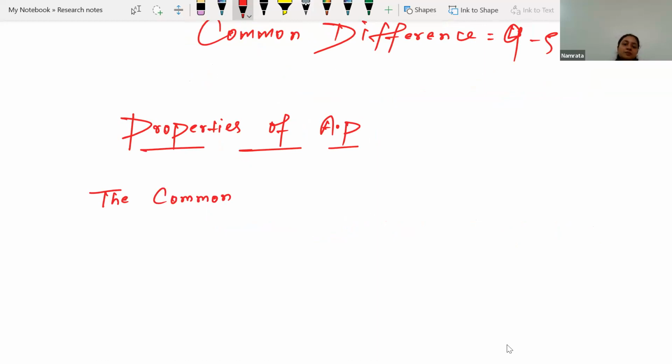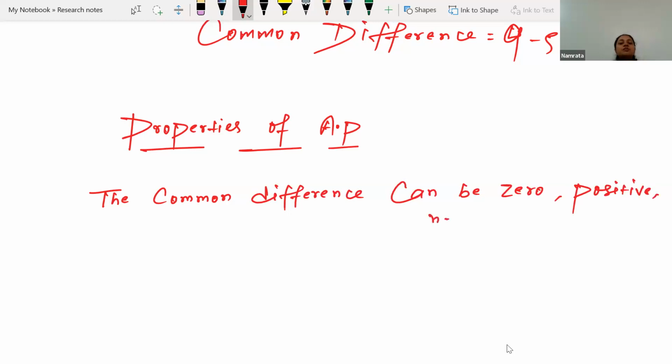Right, Lena? Yes, ma'am. So the first property itself says the common difference can be zero, positive or negative, which you already know. You have already seen sequences where the common difference is negative, and sequences where it is zero.